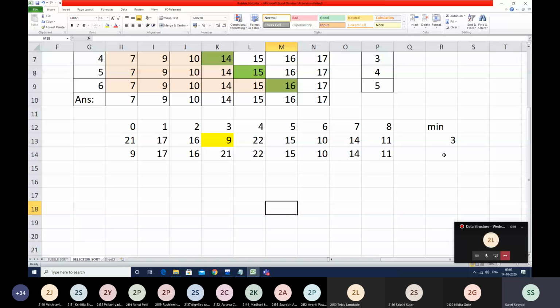Am I audible, students? 6. 6 was the next min value. Okay, so a swap was there between those two elements. Rest of the elements remained as they are.